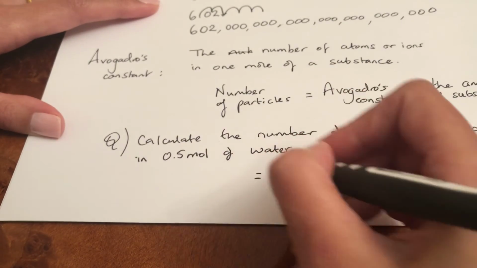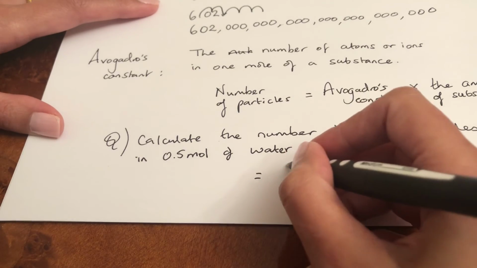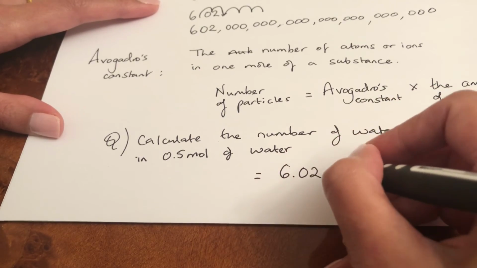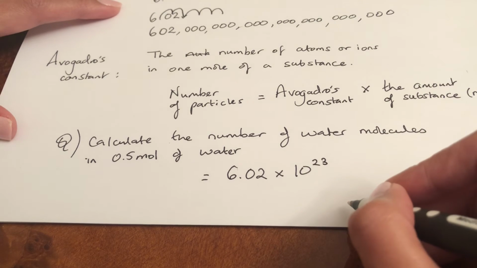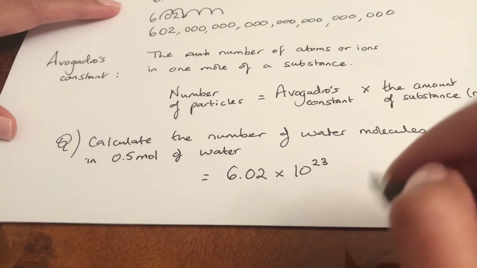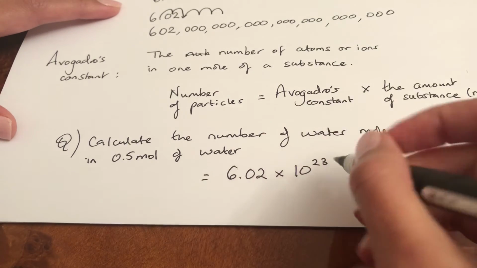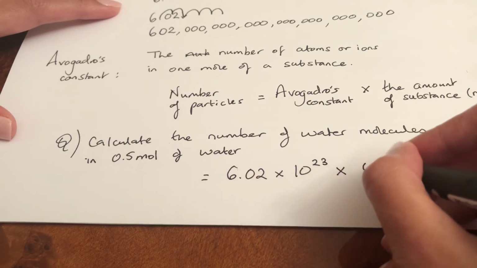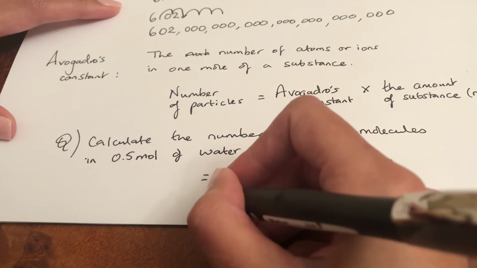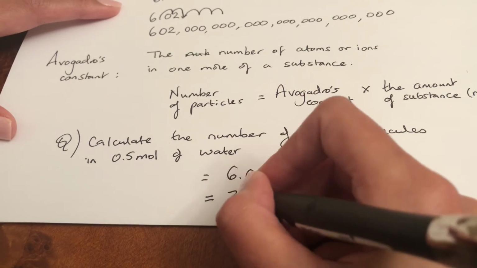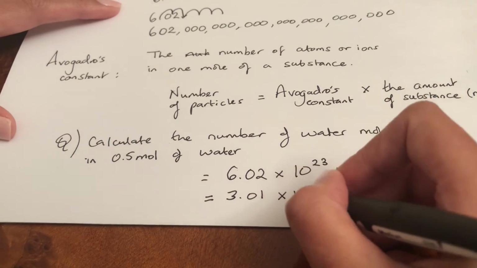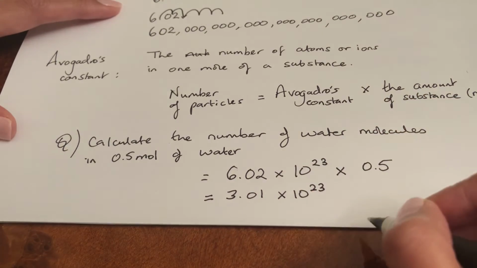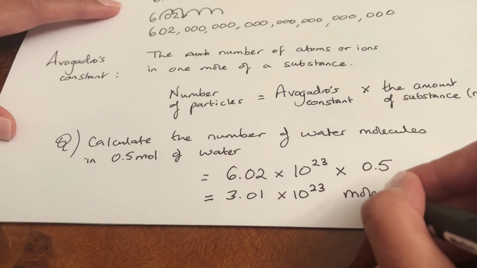First thing you're going to use is this constant, 6.02 times 10 to the power of 23, and then you're also provided with the amount of substance in moles, which is 0.5. So you're going to multiply that number by 0.5, and this gives us 3.01 times 10 to the power of 23 molecules.